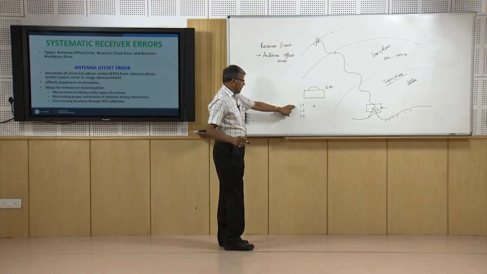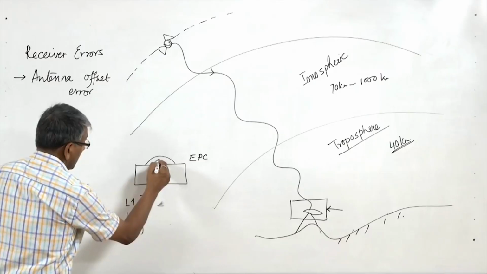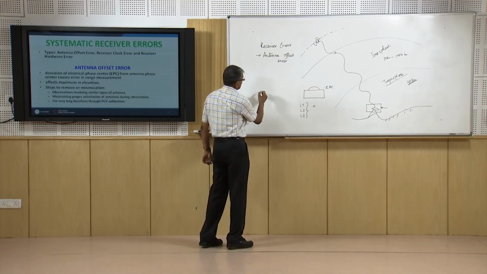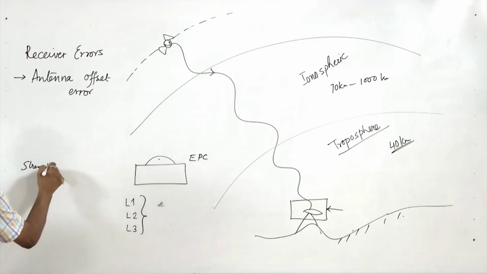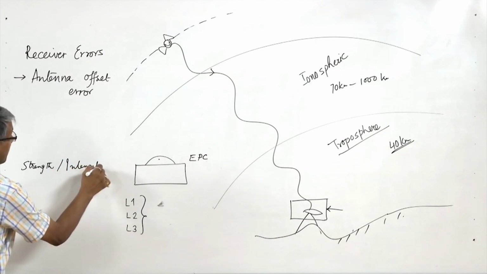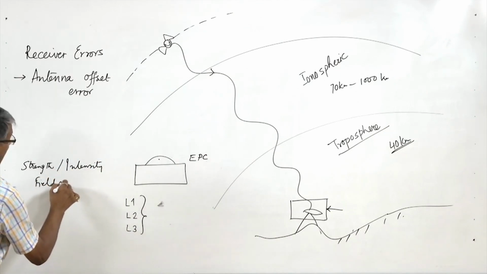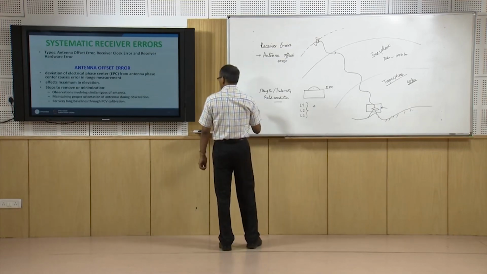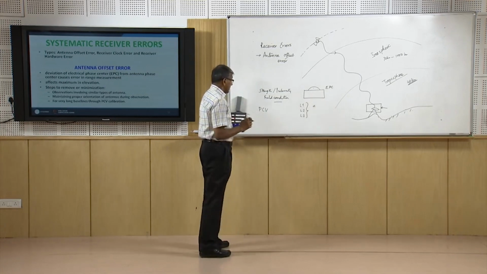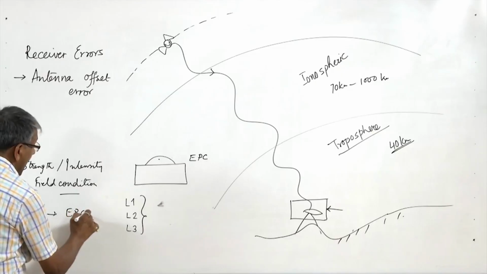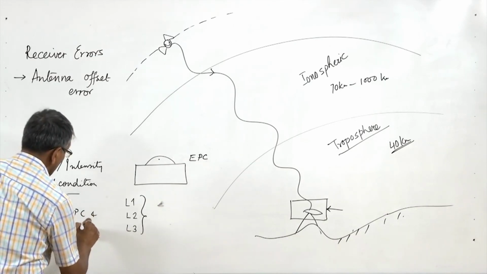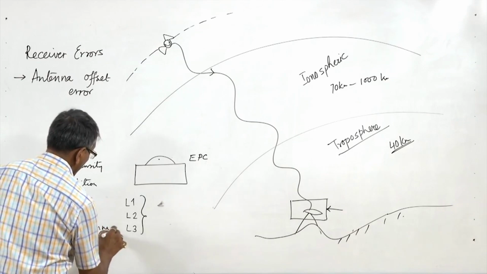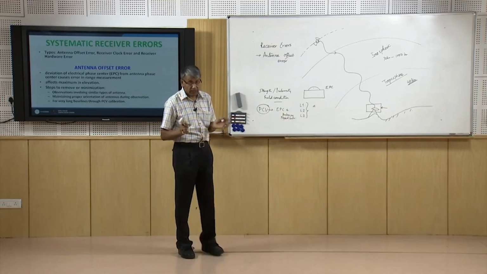Theoretically there is one point, but practically this point will vary depending upon the signal strength, intensity, field condition, etc. So as a result, the parameter called PCB, that is the difference between the EPC and the physical antenna center, is a parameter which is used to compute the height of the instrument.